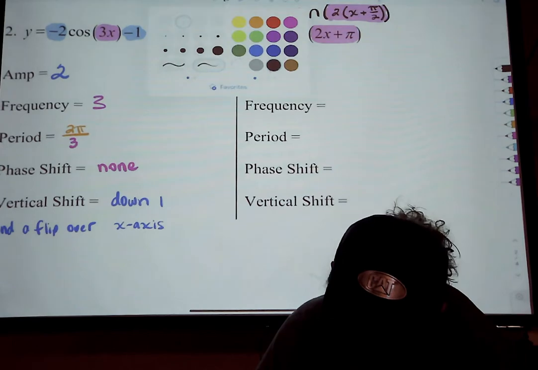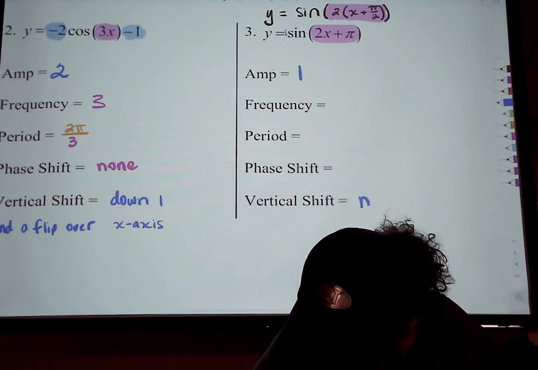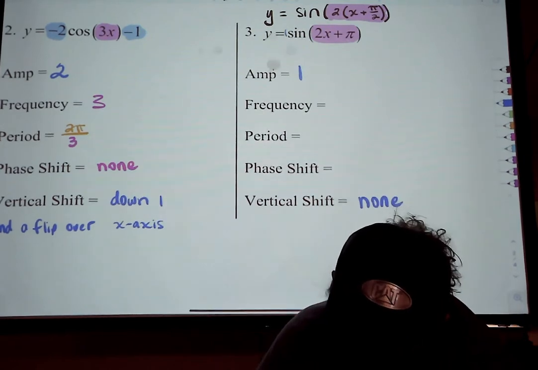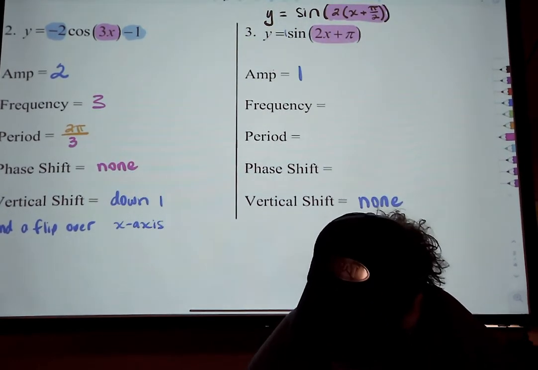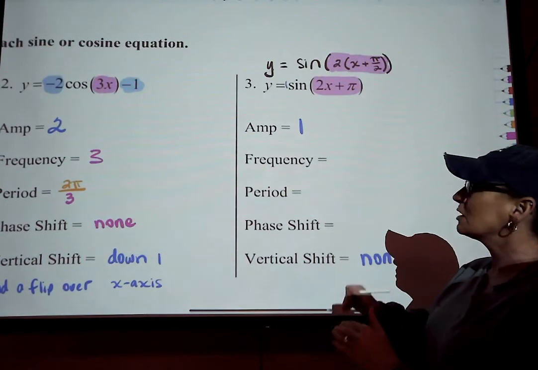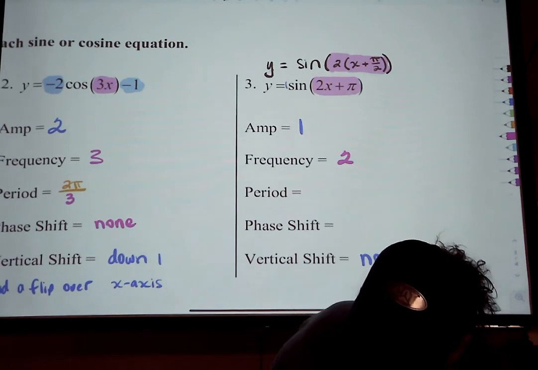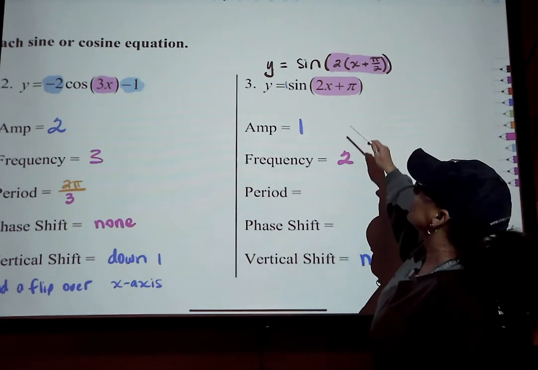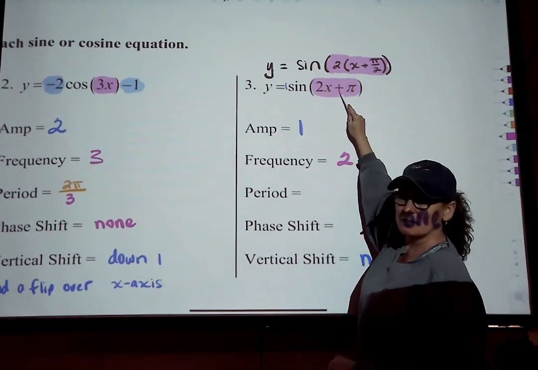Alrighty, so amplitude, the number out front, that's a 1. Vertical shift, none. Frequency, yeah, we can do frequency. Frequency, what is the number in front of x? Phase shift, tell me this one, not this one. Remember, you're not answering questions based off of this.